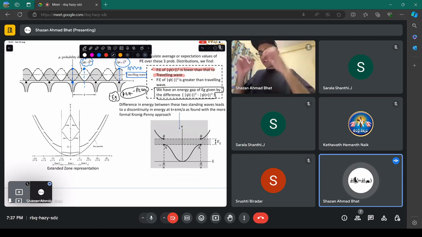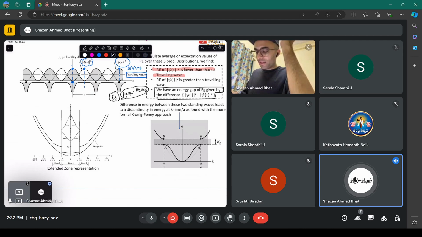There's a difference in the potential energies of these two electron waves traveling in this direction and this direction, and because of that you get an energy gap. You get certain values which are not allowed, certain values which are allowed in the same crystal. That is the explanation which comes just because of wave mechanics, just because we consider the waves.